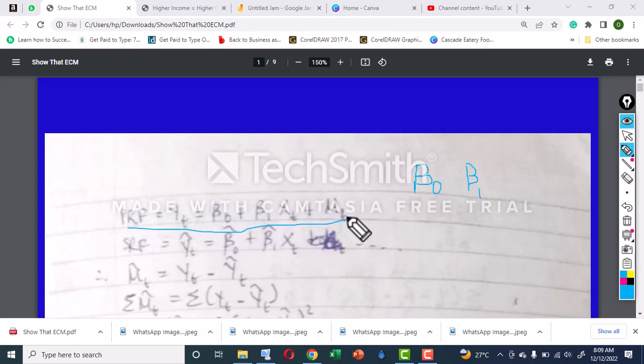So let's continue. This is our population regression function. Remember, our population regression function does not have a hat. No hat for the population regression function, and that's our real function. We're simply saying that our dependent variable is equal to this constant, which is the intercept, plus the slope times our explanatory variable, then plus the error term.